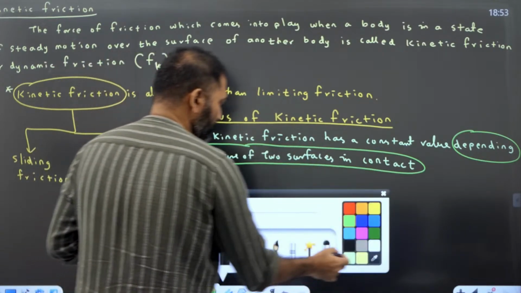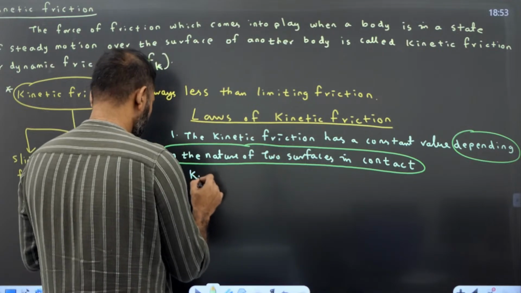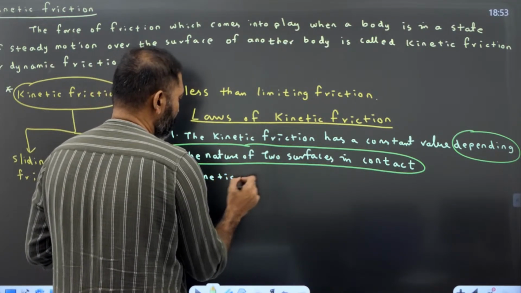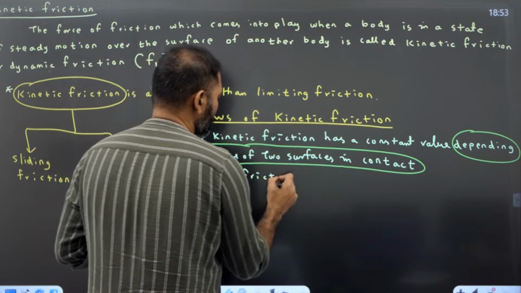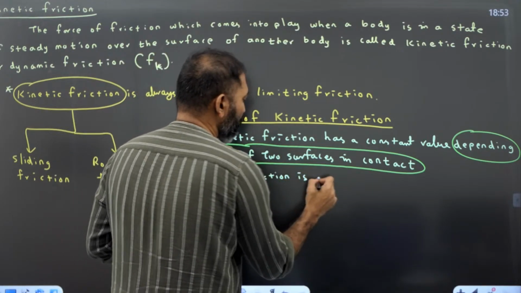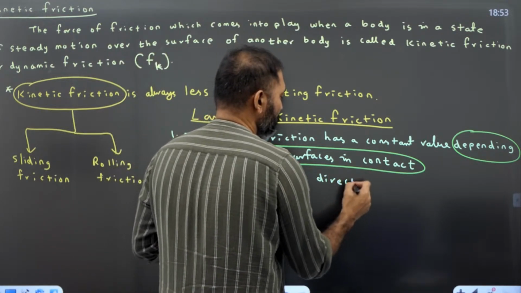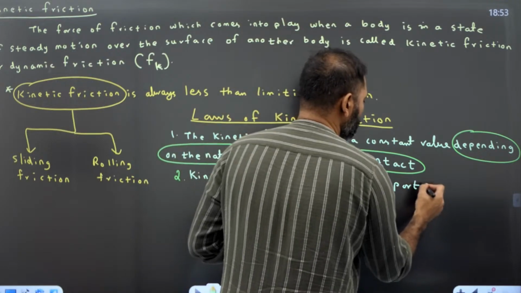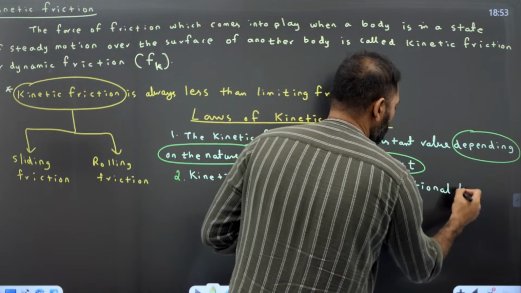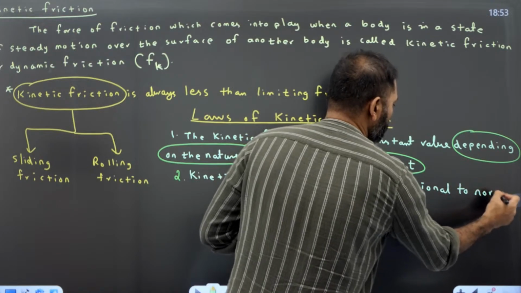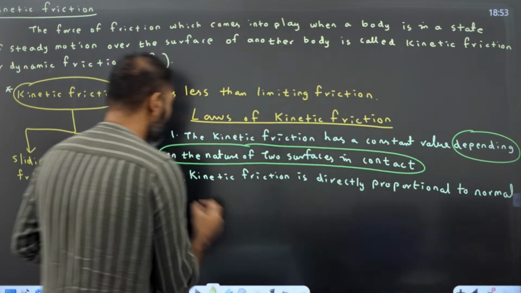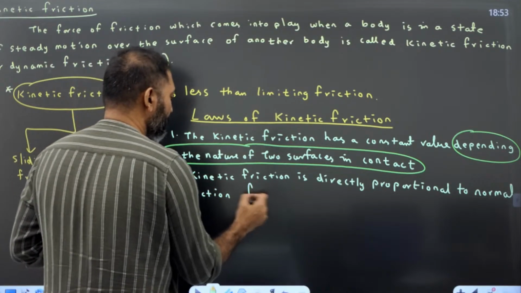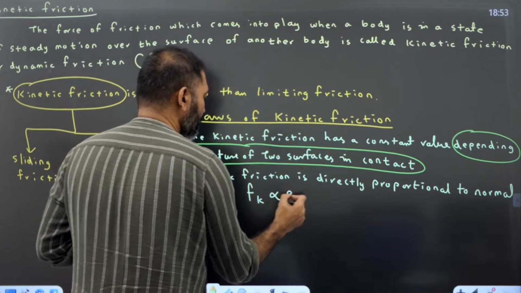Second law, kinetic friction is directly proportional to normal reaction. So Fk is directly proportional to normal reaction.